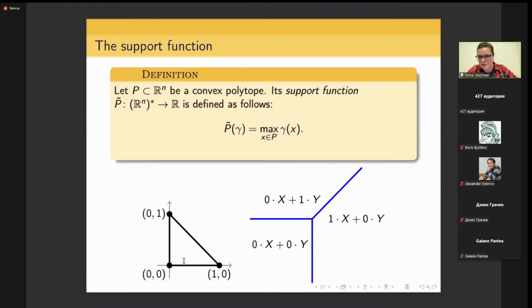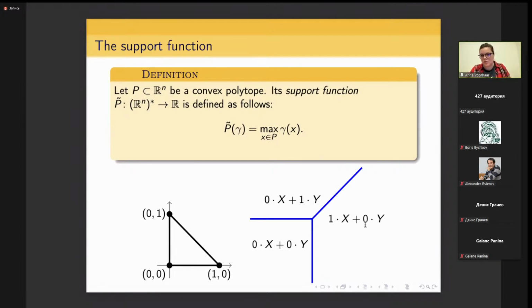Its linearity domains are cones of maximal dimension that are in bijection with the vertices of the polytope. Moreover, if you know the coordinates of the vertices, you can describe the support function, because in each linearity domain it behaves in a way prescribed by the coordinates of the vertex, which are its coefficients.